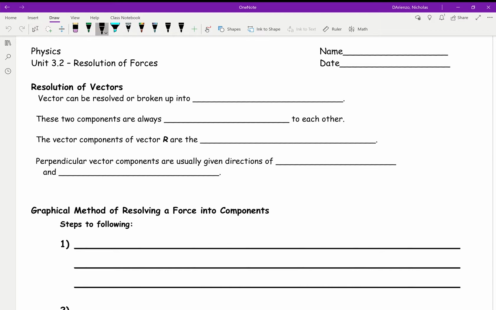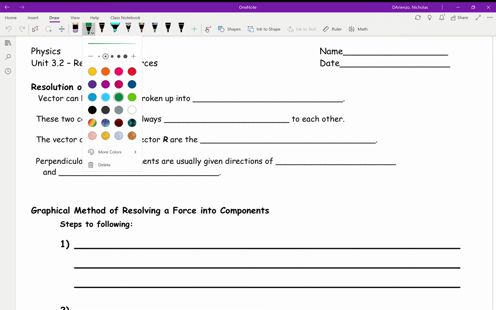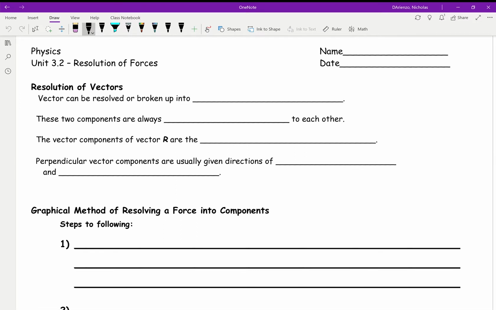So basically, let me change this here. Vectors can be resolved or broken up into what we call component vectors, or the parts that are going to make up a vector.